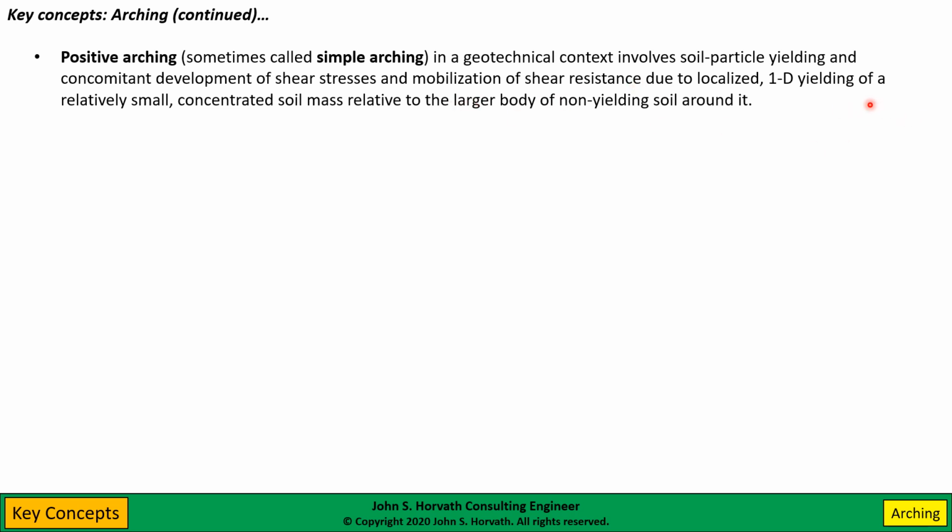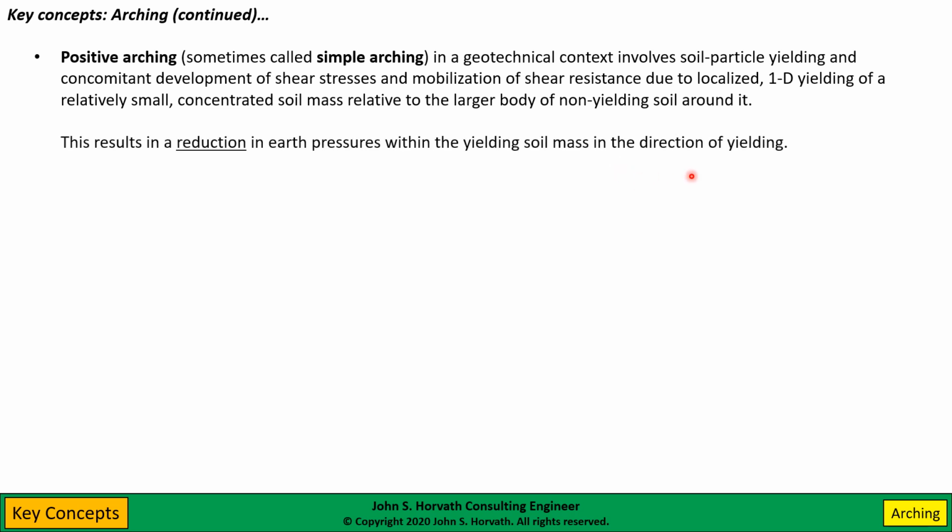In Terzaghi's classical trapdoor problem, which involved positive arching in the vertical direction, you see in any number of books and publications, the more you lower the trapdoor, the less the stress or pressure becomes directly above the trapdoor, because the soil is settling with the trapdoor, but the soil on either side of the trapdoor is non-yielding. So in positive arching, you get a reduction in earth pressures within the yielding soil mass in the direction of yielding.